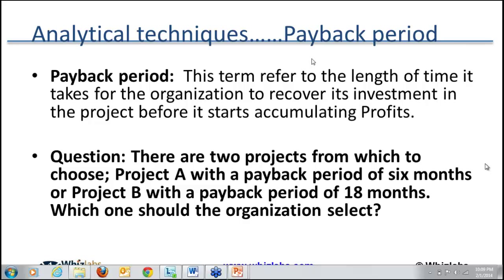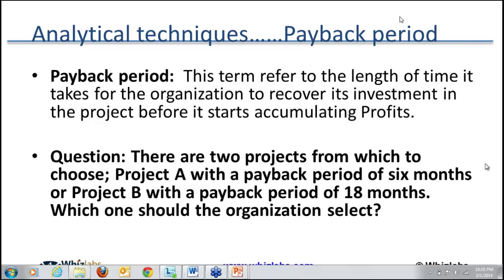Okay, so good. If the payback period is short, that is good. If I'm investing 200 million today, and I'm getting the returns in 6 months, I will choose project A over project B, because in the shortest time I'm able to recover the money I have invested in my project.